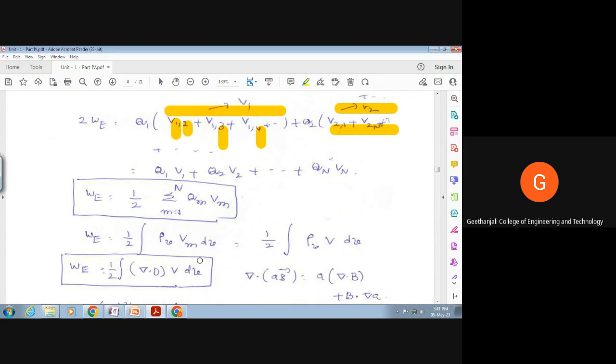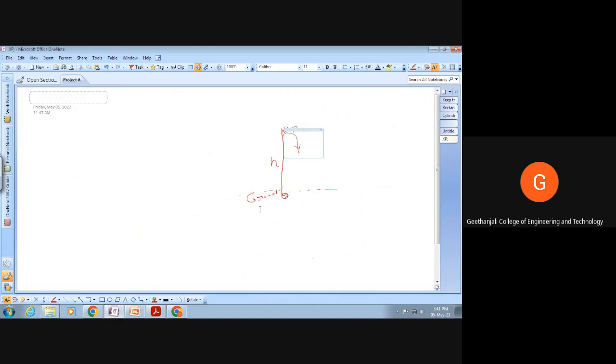Suppose you have got a finite number of charges, for example 3 or 4 point charges are placed, then I can make use of this expression. It is something like this: suppose there are 3 points. At point 1, I'm placing Q1. At point 2, I'm placing Q2. At point 3, I'm placing Q3.